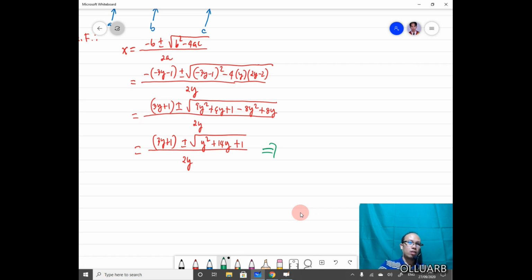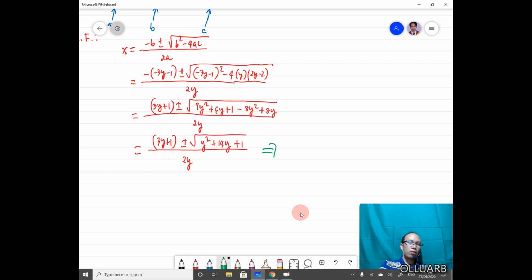However, in the second term we have a radical expression, and the index is 2, so the radicand, inside the radical symbol, must be greater than or equal to 0.